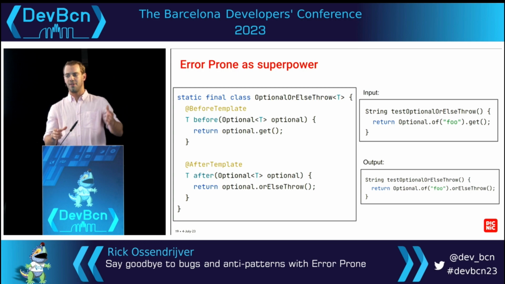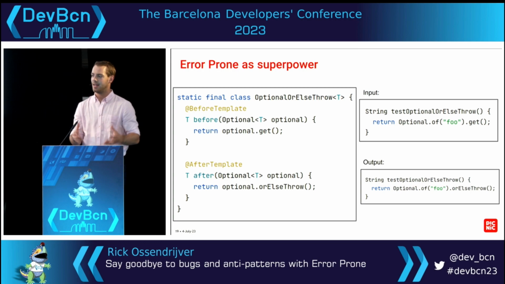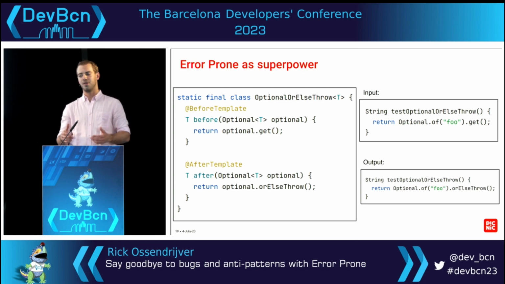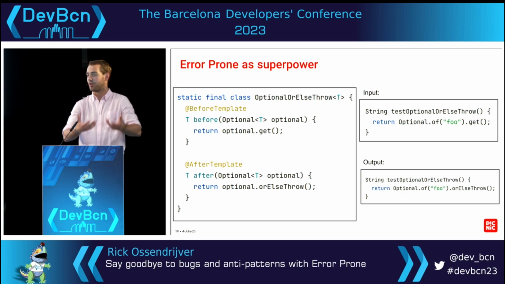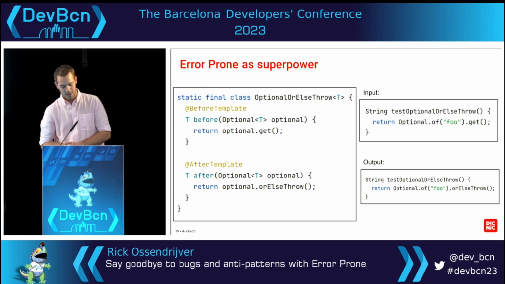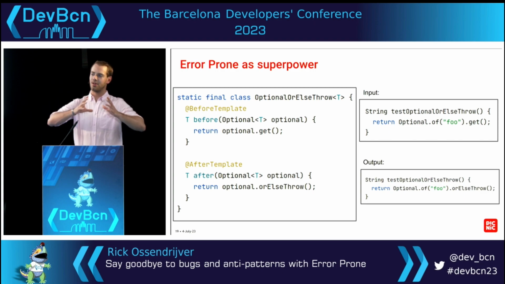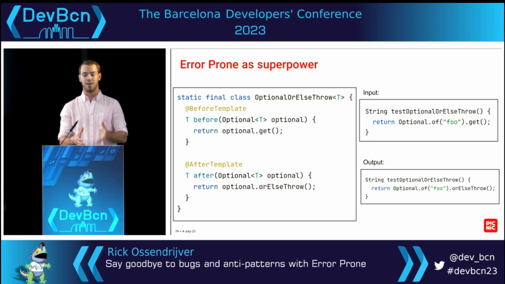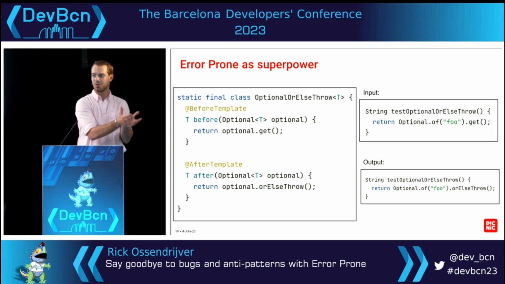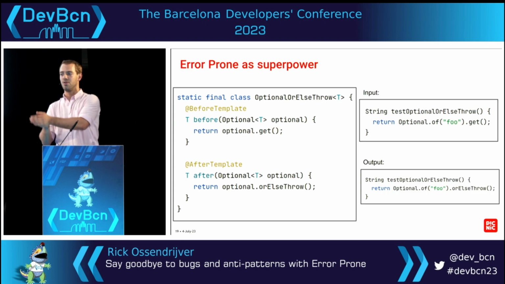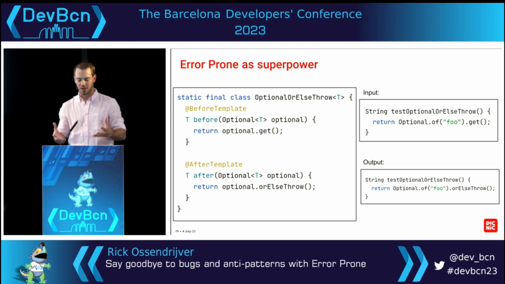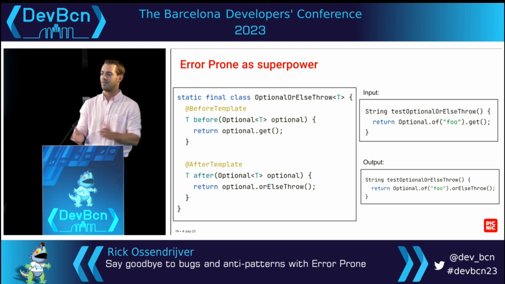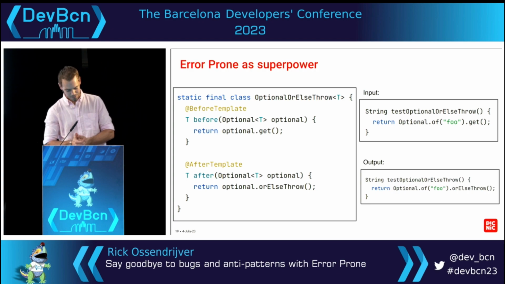But if you would have to rewrite all the occurrences that you had in your code base, it would cost quite some time, and it's really easy to miss some occurrences because it's done manually. So instead of doing all these things manually, you can just run this refaster rule over your code base, and instead of having the default optional.get, you now switch to the or else throw. Again, this is of course a fairly simple example, but you can do this with every API that you want to.